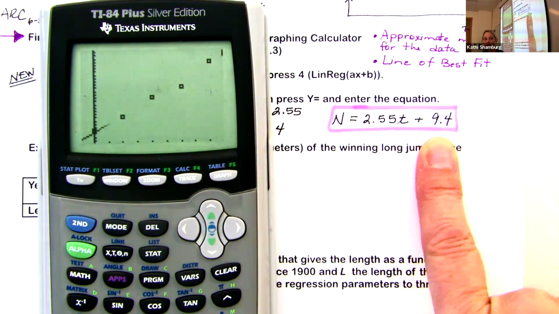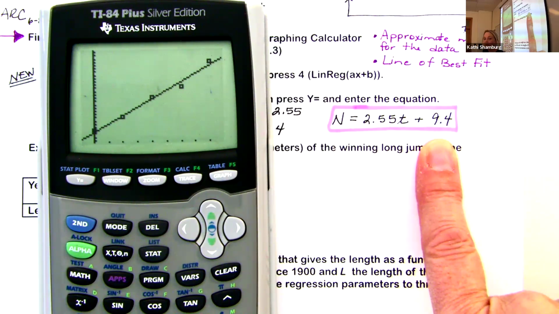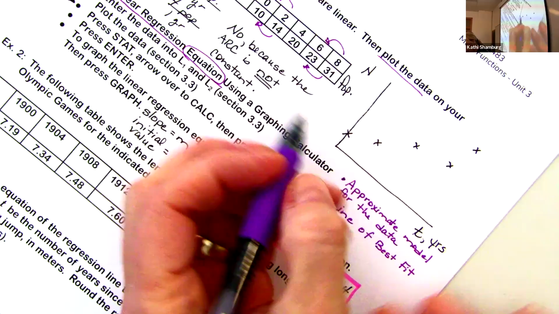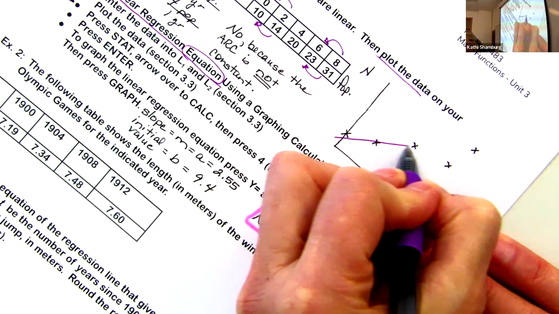Graph. And so there is your line of best fit. So you can see it goes through some of the ordered pairs, but actually, it looks like it only goes through one of them, doesn't it? So then when you go to draw it, it might kind of look like that-ish.